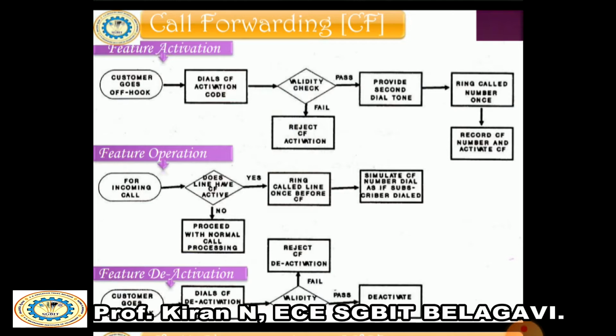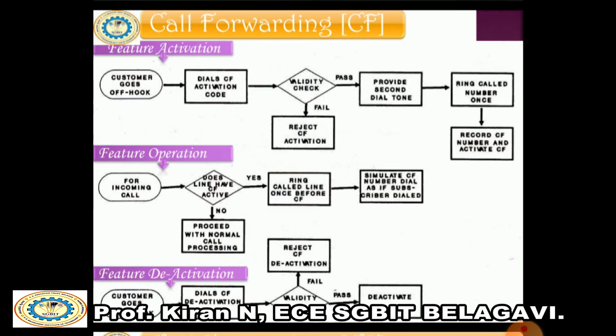That is, the connectivity fails, or the establishment of connection to the called number during the call forwarding process fails. If the number is valid, then it provides a second dial tone, then starts ringing to the called number. Once it starts ringing, the system records the call forwarding number and activates the call forwarding.